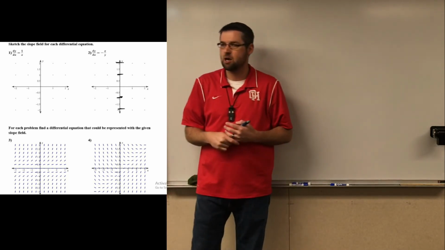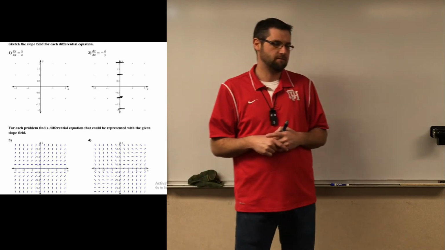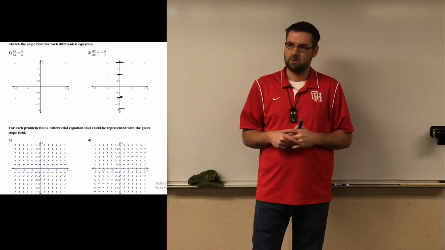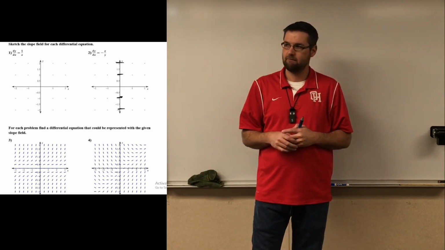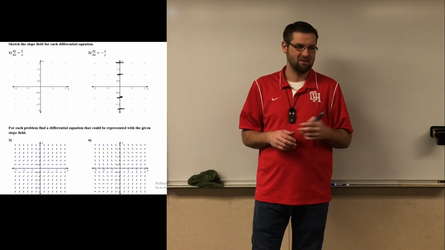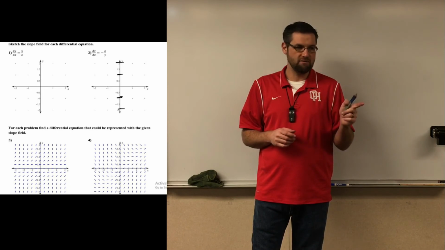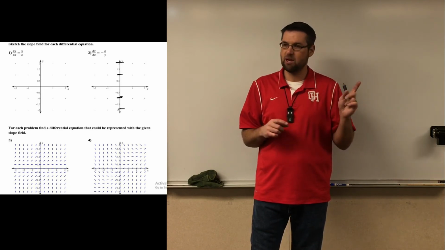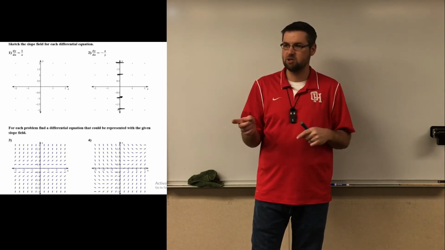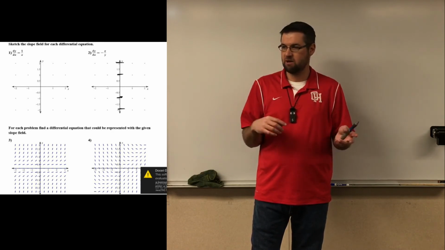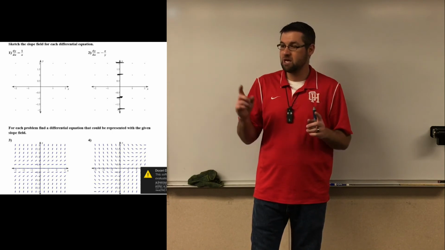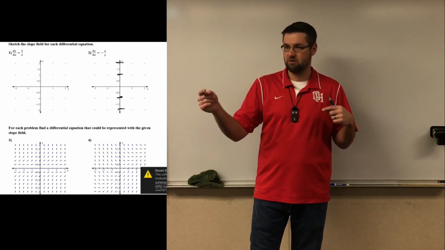Here's the next question I ask. When is the slope positive? When one of the values is negative, when the x value is negative and the y value is positive, or when the x value is positive and the y value is negative, right? Which would be in quadrant 2 and quadrant 4.